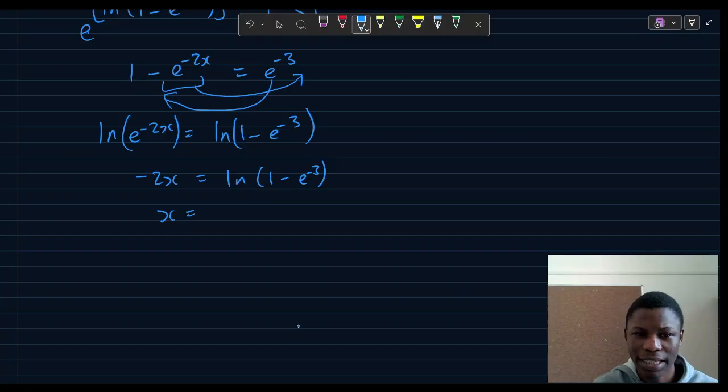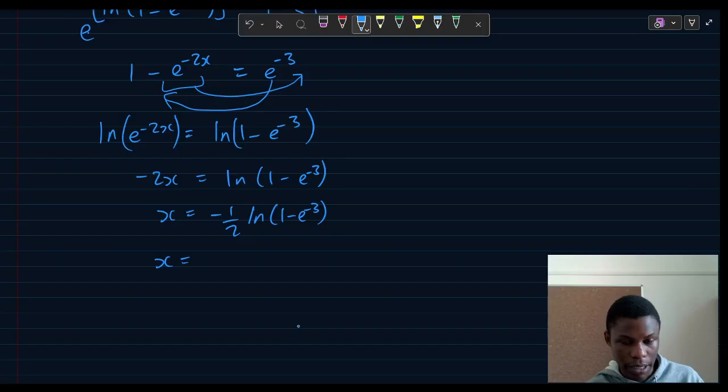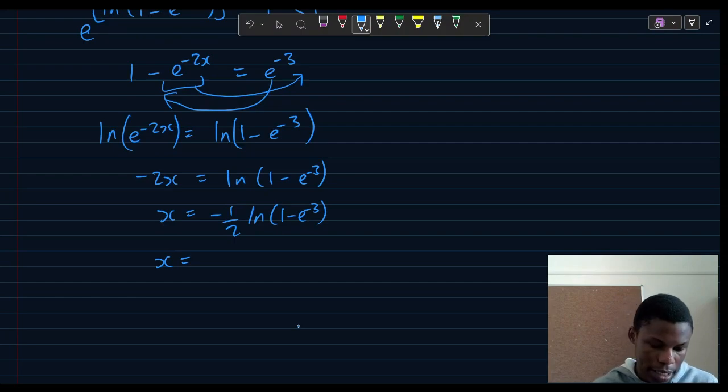You've got that x is equal to negative 1 over 2, the natural logarithm of 1 minus e to the negative 3. And they say they want their answer correct to 4 decimal places. So this is negative 1 over 2 ln of 1 minus e to the negative 3, and this gives us 0.0255 correct to 4 decimal places.